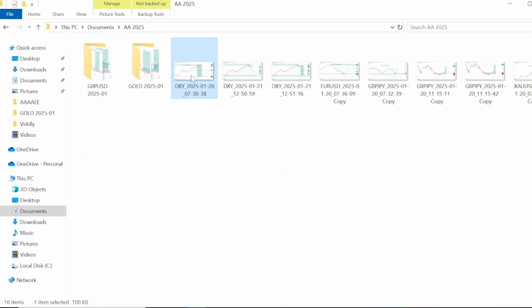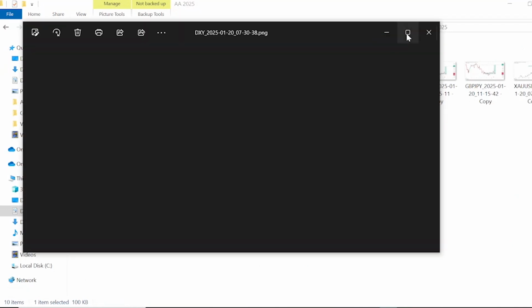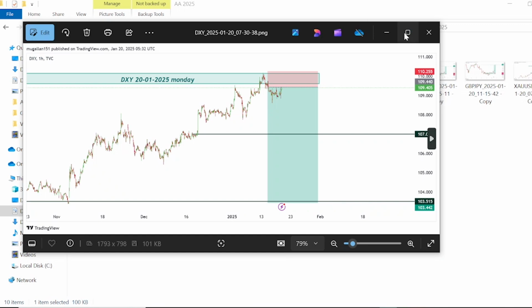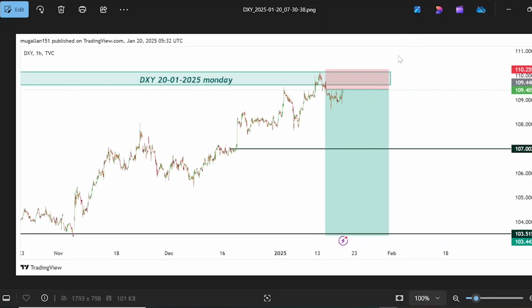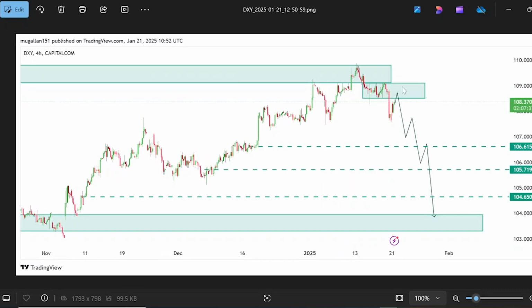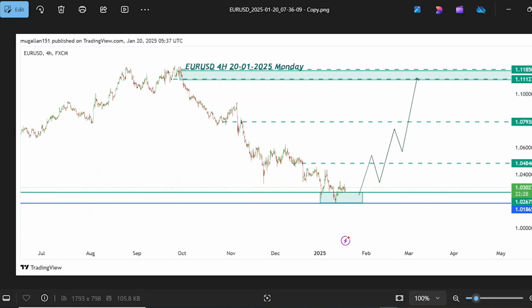This was the DXY from the start of this, 20th January, and we predicted the DXY to move down, and people made some money from this area to this one, and now we are still focusing on that movement.